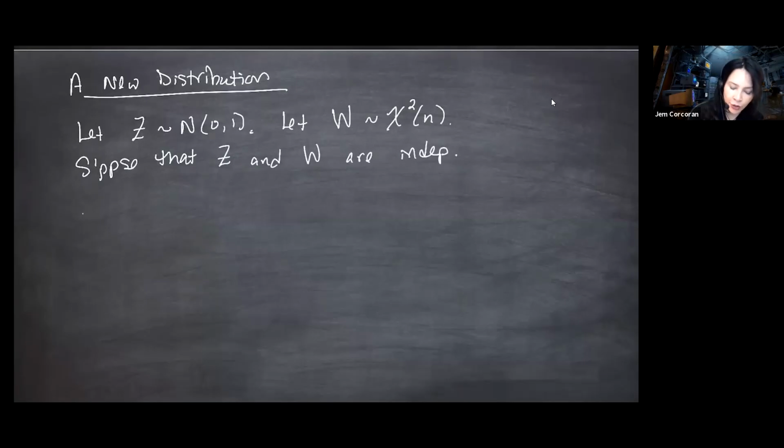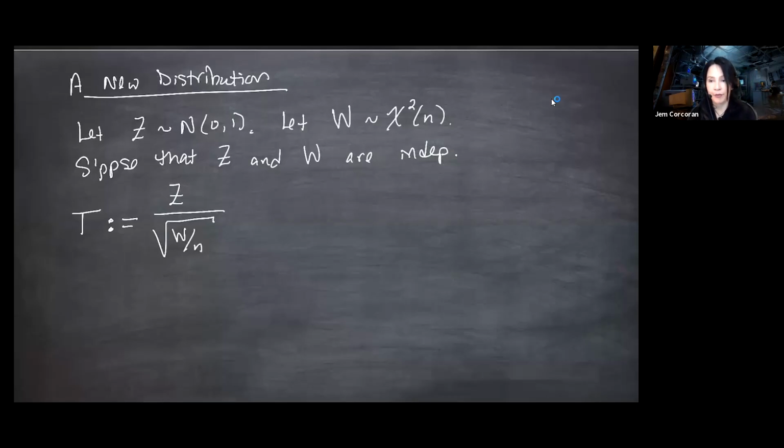I'm going to define a new random variable that I'm going to call t, and I'm going to define this to be z over the square root of w over its degrees of freedom parameter. So that's all under the square root.